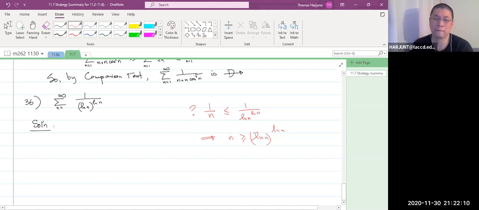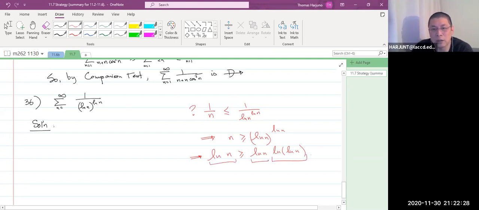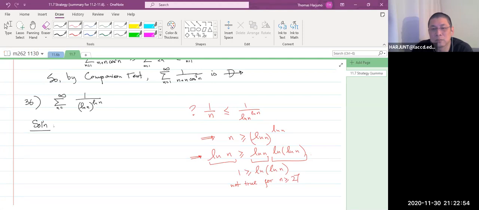Is it true? I apply natural log to both sides. But apparently this is not true for some n. You see, you can cancel ln n, right? You know this is not true for n greater than or equal to, let's say, 0.7. So, no.